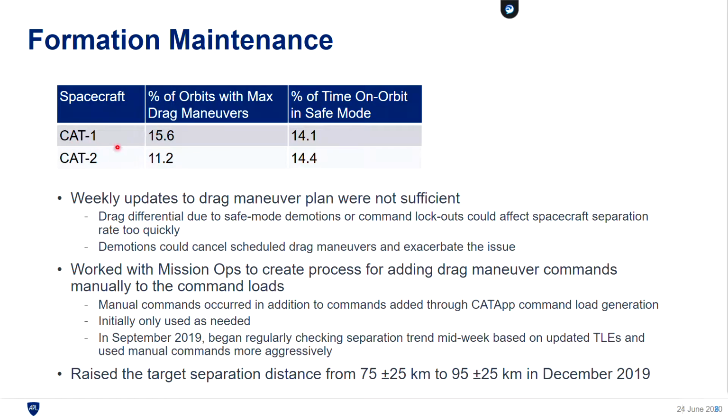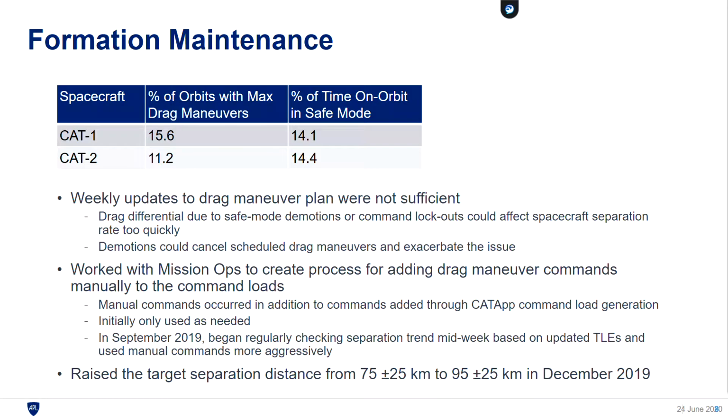However, Cat 1 has had to perform more maximum drag maneuvers during its lifetime than Cat 2 has so far. This indicates a slight closing trend that our modeling hasn't been accounting for.